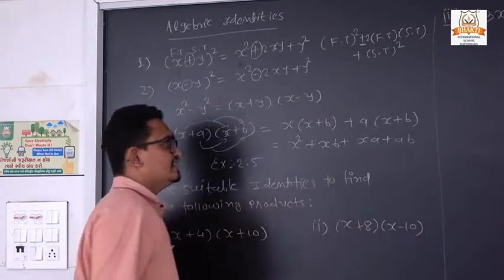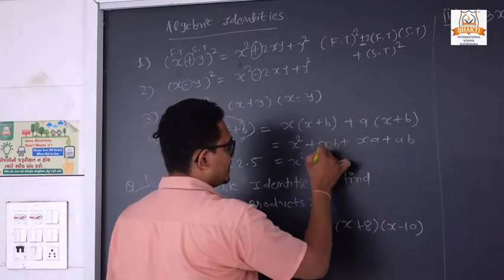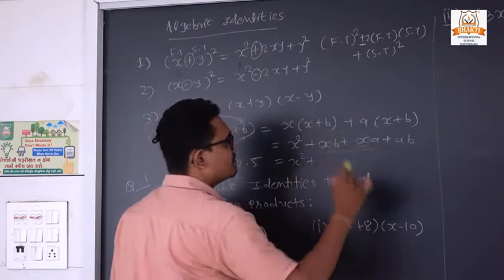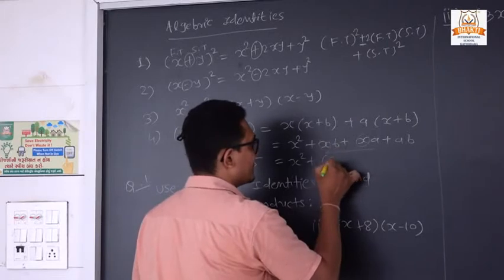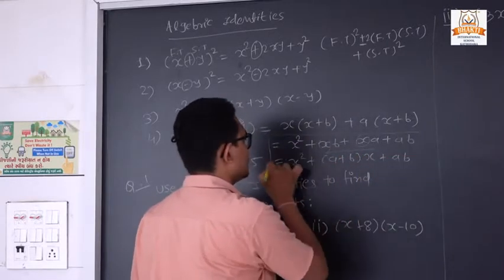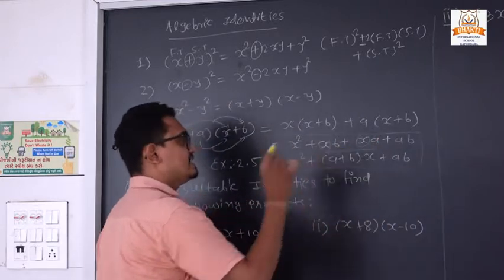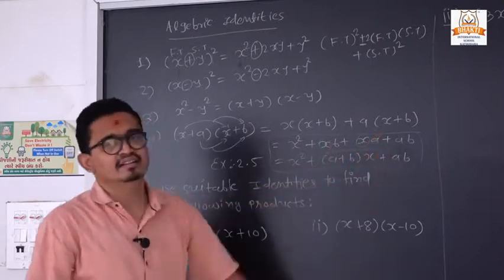These two are like terms with x as a common term, so we can also write it by taking x common. Both are the same, but if you are not taking it as common, the answer is like that.